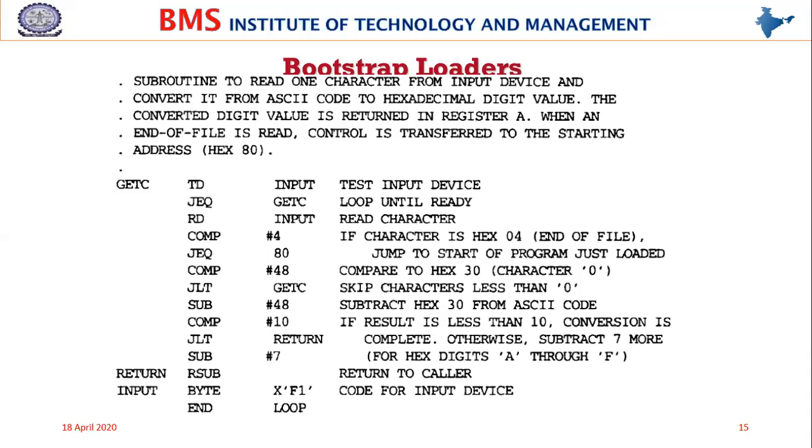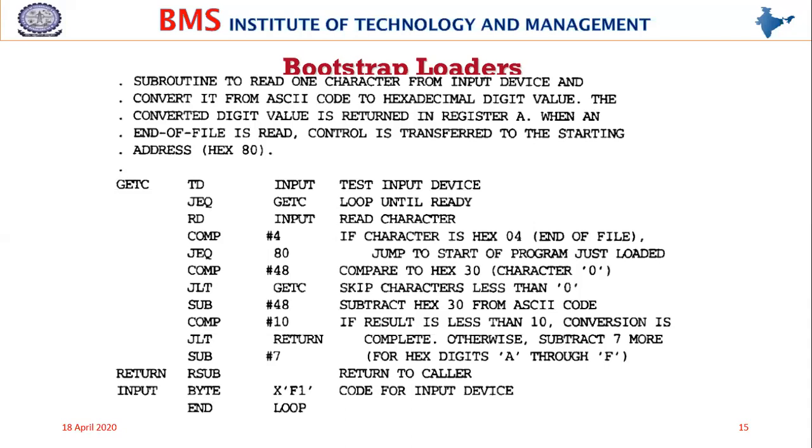So the first instruction of getC tests the input device. If the test gives greater than or less than, then the device is free. If the condition code is set to equals, then the device is busy, so jump equal to getC: we go back and test the device again.